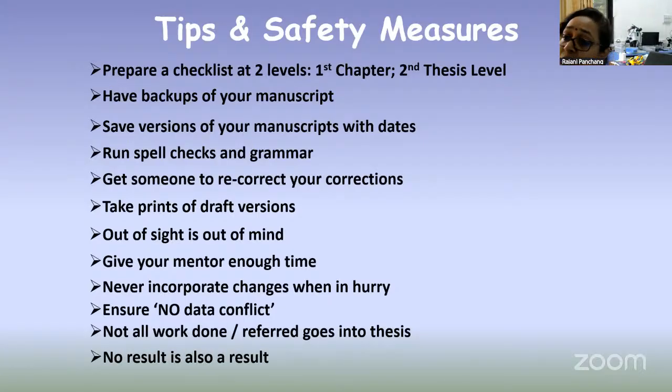No result is also a result. Remember that. Sometimes after having done all the work, you feel that you've not really found anything new. But your approach was new. Your samples were new. Your experimentation, your methodology, all was new. But then that is research. After doing everything, a new approach, but you did not get any new finding.